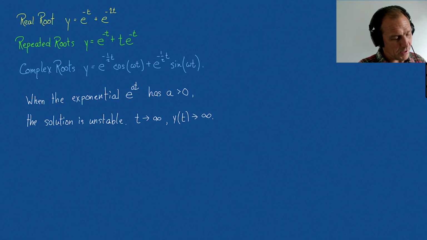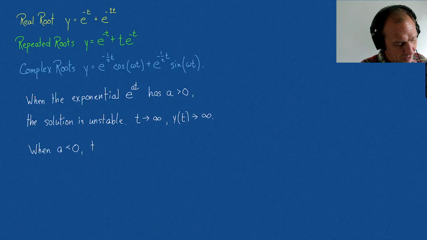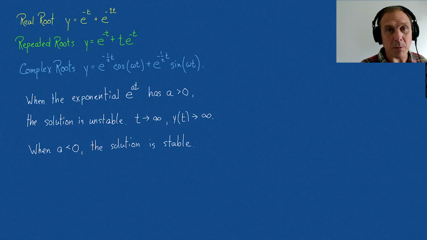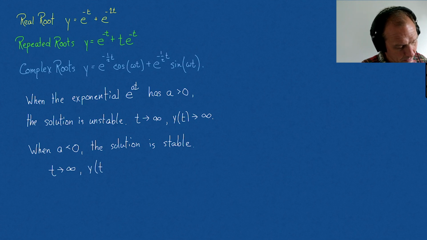Now, here's the other part. When a is less than 0, the solution is stable. What do we mean by that? We mean that as t tends to infinity, y of t tends to 0.